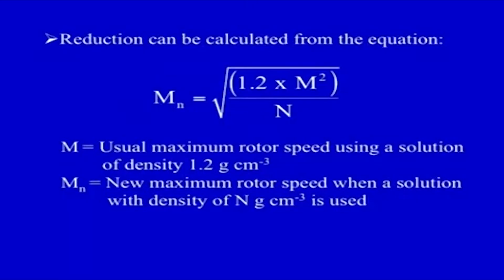Mechanical stress is very important, and the reduction can be calculated from this equation here, where m is the usual maximum rotor speed using a solution of a particular density, like 1.2 gram per centimeter cube, and mn is the new maximum rotor speed when a solution with a density of n gram per centimeter cube is used. Speed reductions are required for stainless steel caps and tubes, and to prevent recrystallization of high density salt solutions.